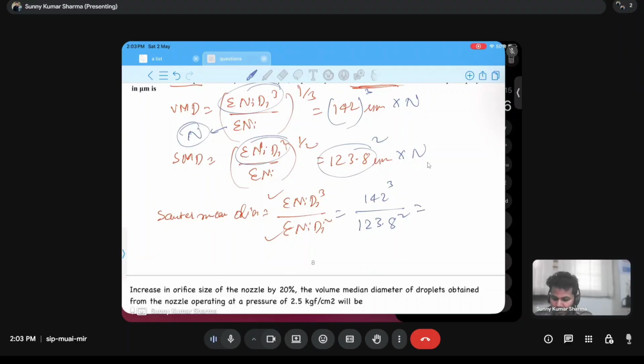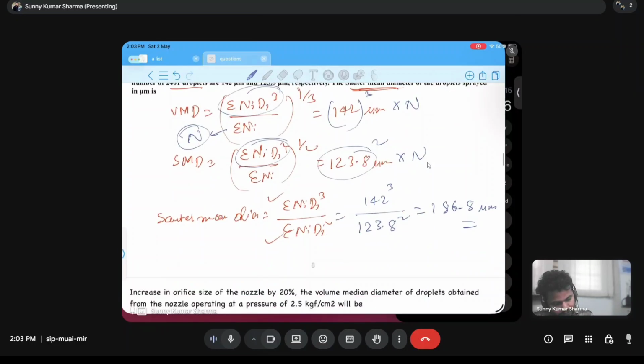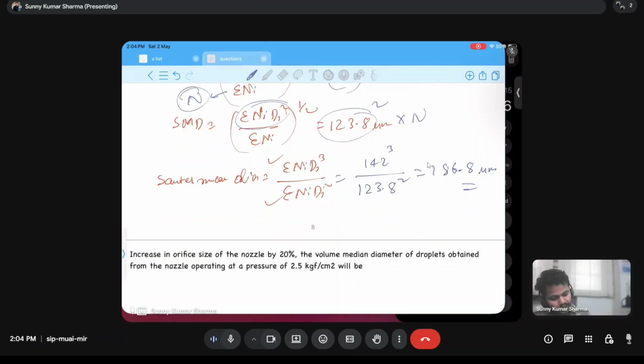So it is 186.8 micrometer. So the value of the sauter mean diameter will become 186.8 micrometer.